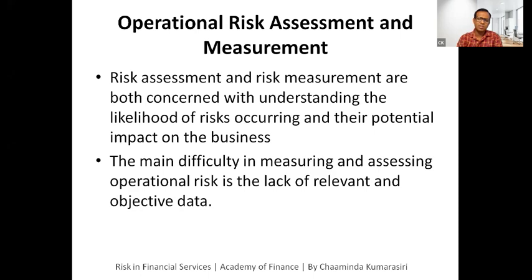What do you mean by relevant and objective data? Relevant means the data should have a bearing on the matter we're discussing, on the area we are touching. If it is not connected to what we look at, then it's not supporting our evaluation.